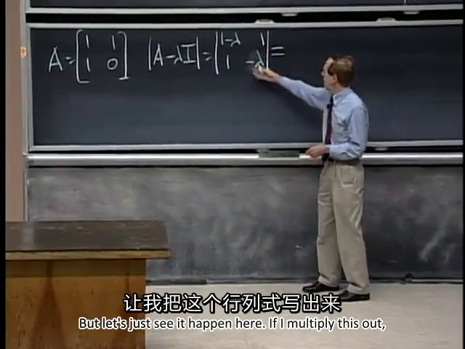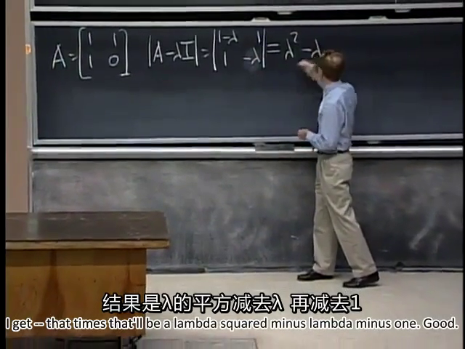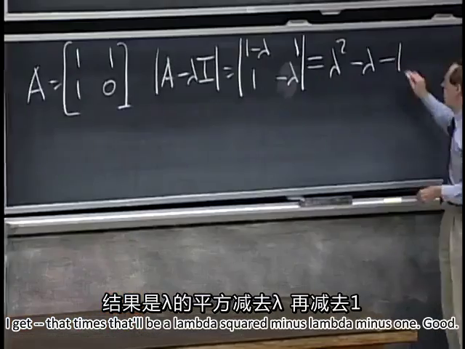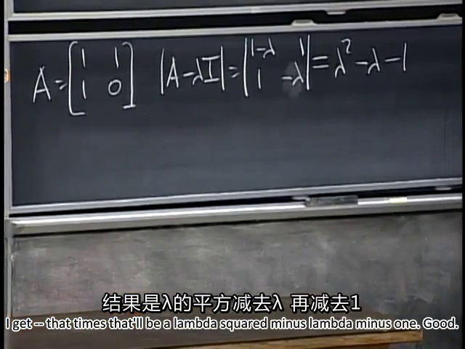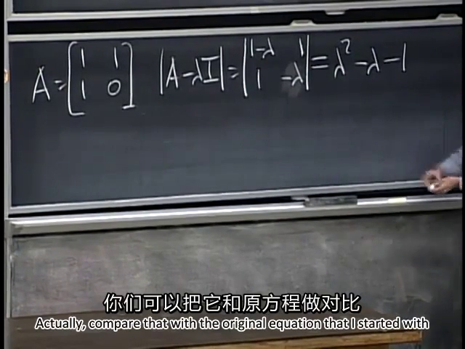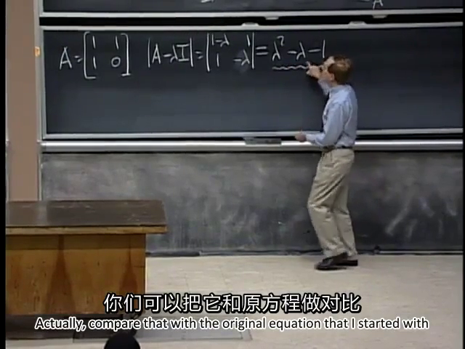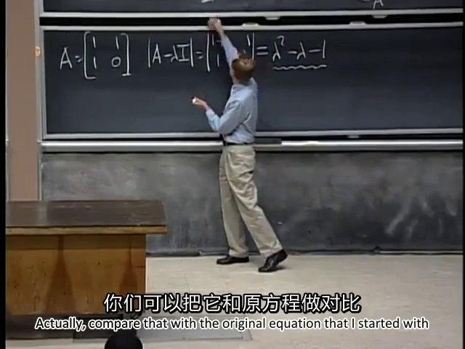If I multiply this out, I get lambda squared minus lambda minus 1. Good. Lambda squared minus lambda minus 1. Actually, compare that with the original equation that I started with.